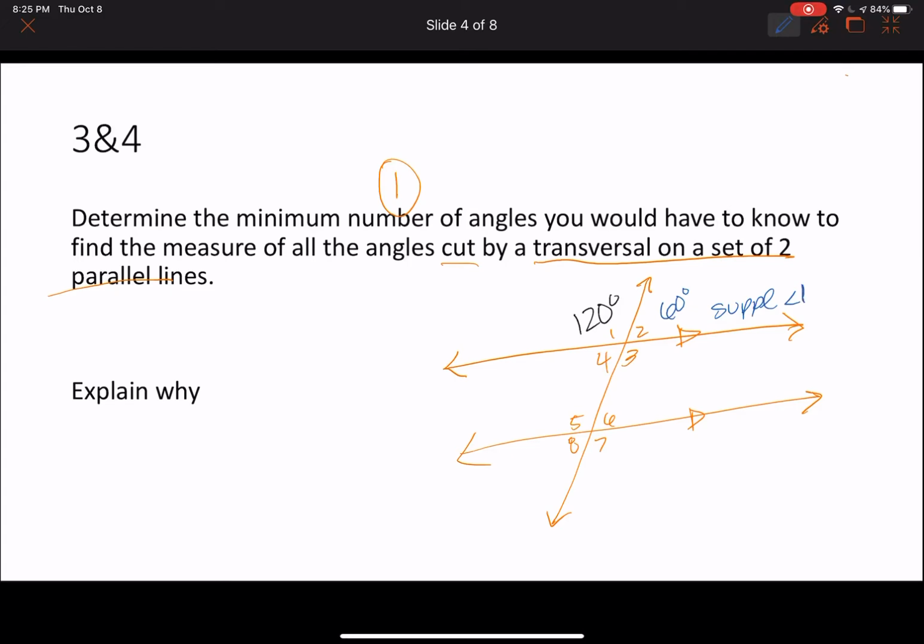Now, we're just going to use this 120 degrees and pretend we haven't found any of the other ones. And you can find almost all of these other measures then. So angle 4 is also going to be 60 because it's supplementary to angle 1. Angle 3 is going to be congruent right here with angle 1, and it's going to be 120 degrees because it's a vertical angle.